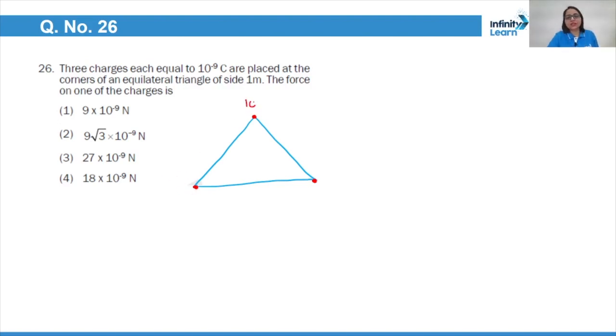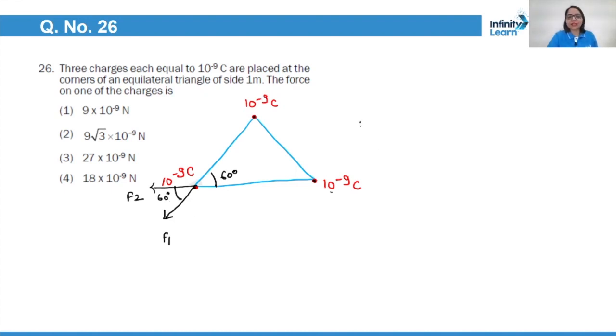This is 10 power minus 9 coulomb, this is 10 power minus 9 coulomb, and this is also 10 power minus 9 coulomb. So force exerted by this charge on this charge will be repulsive, same nature. Let's say this is in this direction, and force exerted by this charge on this charge will be repulsive, so this is F2. Now this angle is 60 degrees, so this angle is also 60 degrees, right?